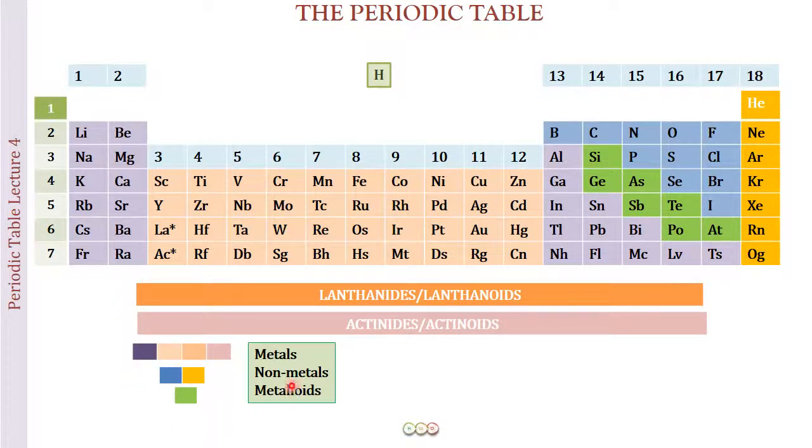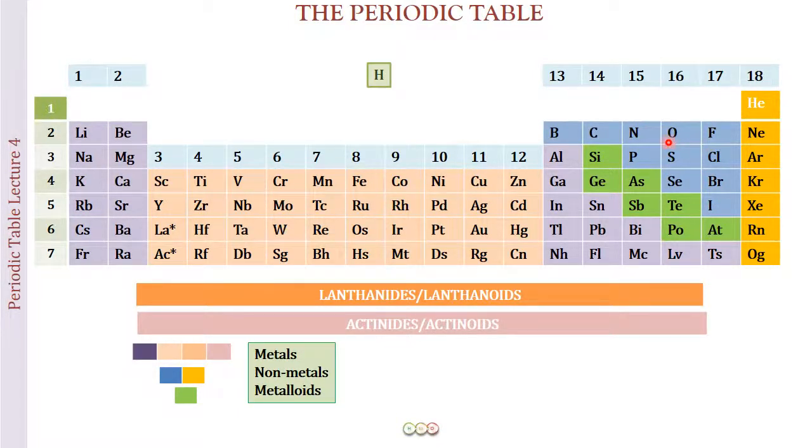And on this periodic table that you are seeing, the elements have been differentiated into metals, non-metals and metalloids also. As you see, there is a regular gradation from the first two periods, the very reactive metals, going towards the right side of the periodic table, and we reach metalloids, which have properties in between those of the metals and the non-metals, and then we have the non-metals at the end of the periodic table.